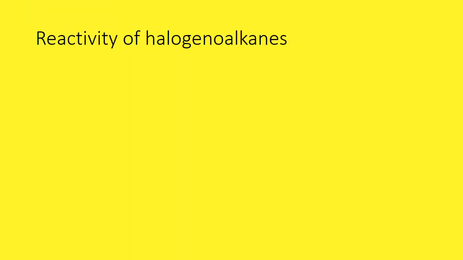So lastly, we're going to talk about the reactivity of halogen alkanes and the trend that exists depending on the halogen. So let's be clear about what we're comparing. Let's say we're comparing fluoromethane, and instead of the fluorine, we could compare that with chlorine.